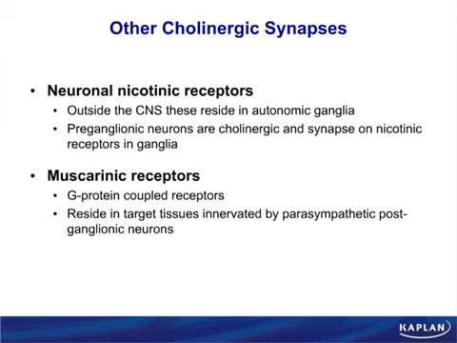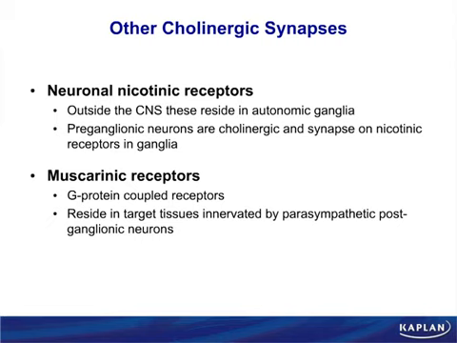Next receptors for acetylcholine are the muscarinic receptors. These are G protein coupled receptors. These are in the target tissues innervated by parasympathetic postganglionic neurons. So in other words, muscarinic exists in the heart, for example, or in the gut, or in the airways. It's where those postganglionic neurons are synapsing at the tissue level.